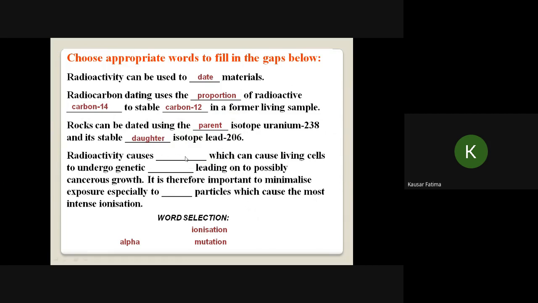Radioactivity causes ionization, which can cause living cells to undergo genetic mutation, possibly leading to cancerous growth. It is therefore important to minimize exposure, especially to alpha particles, which cause the most intense ionization.